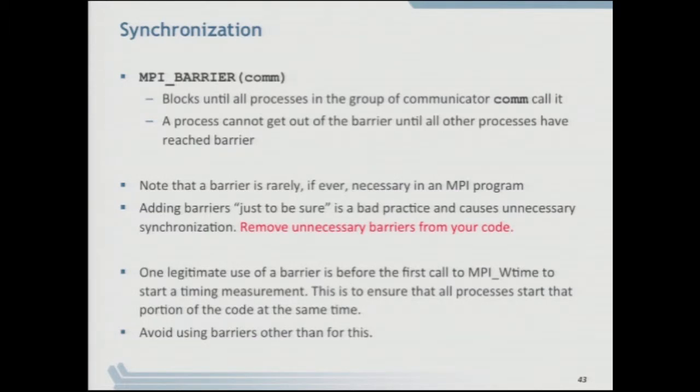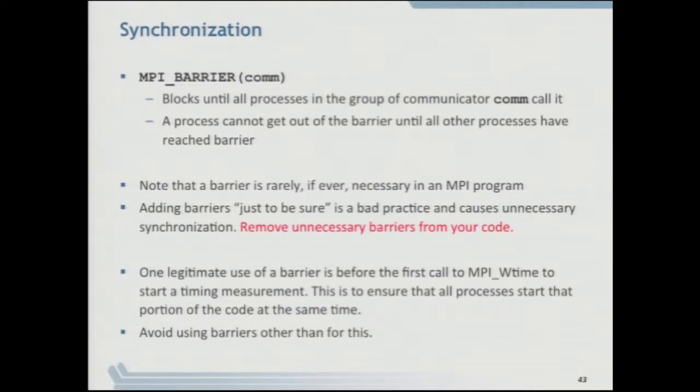A process cannot get out of the barrier until everyone else has reached the barrier. So when one process exits the barrier, you can be sure that everyone else has at least entered the barrier. They may not exit at the same time, but they have definitely reached there.